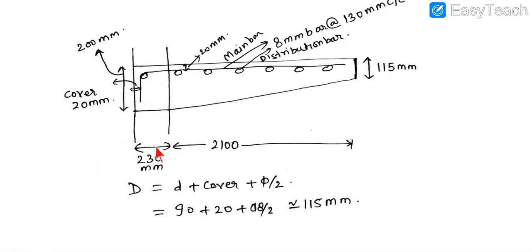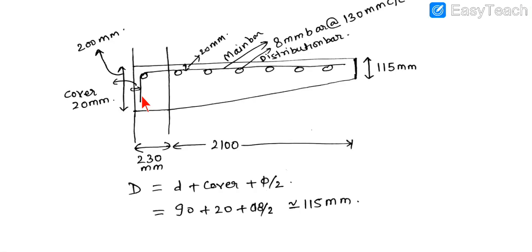Now this is the wall from where the cantilever projection has been made. Ahead of this wall is the overhanging part, the cantilever part. The thickness of the wall here is 230 mm. This is our development length. Bars have been anchored here.